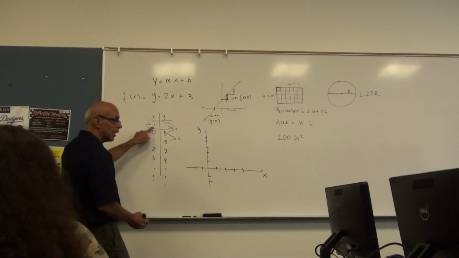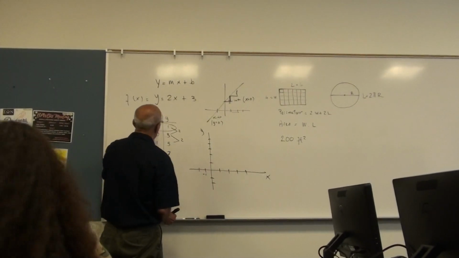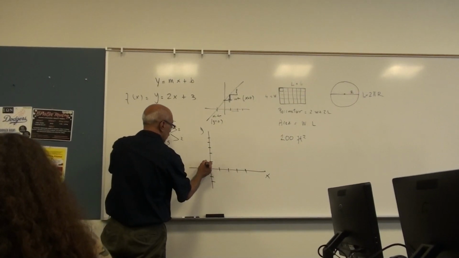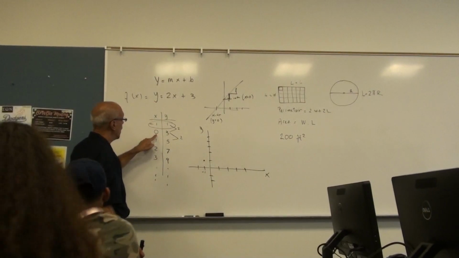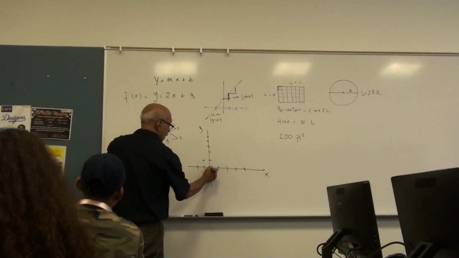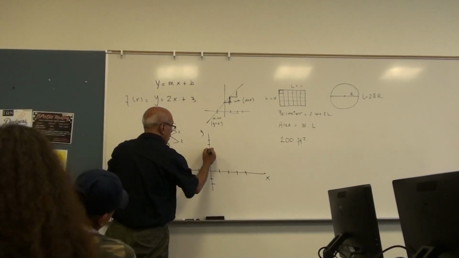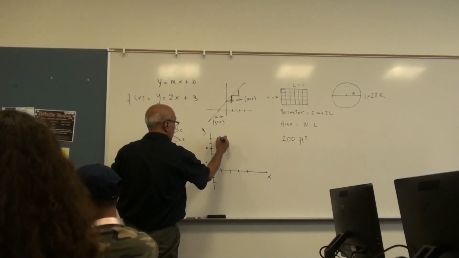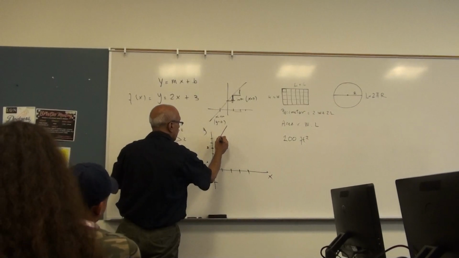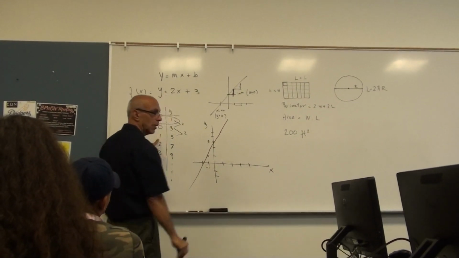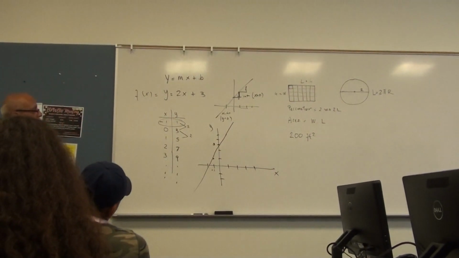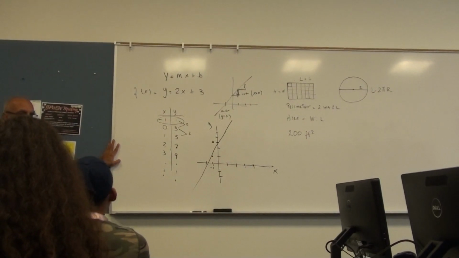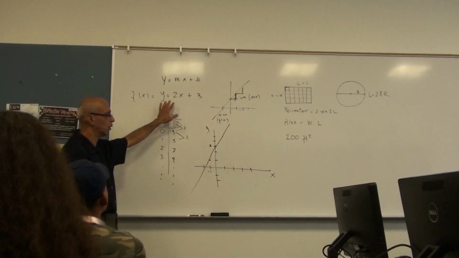When x is -1, y is 1, I have 1 point there. When x is 0, y is 3 right here. And when x is 1, it's going to be 5. So I have my line going through here, like that. Is that okay? So that's how we do graphing of equations.